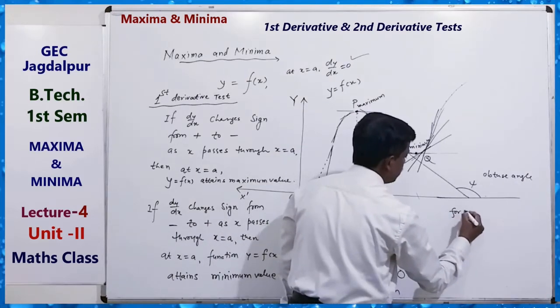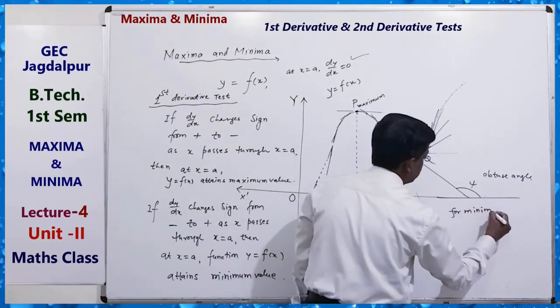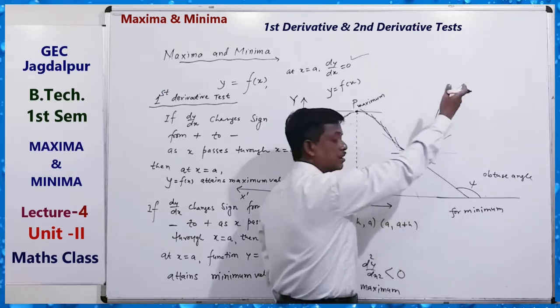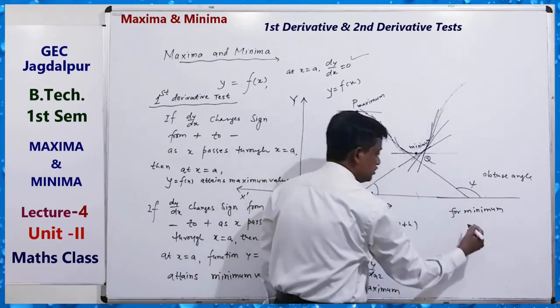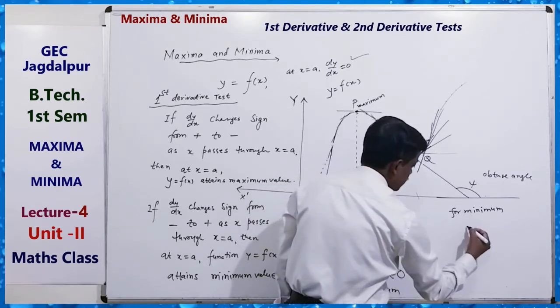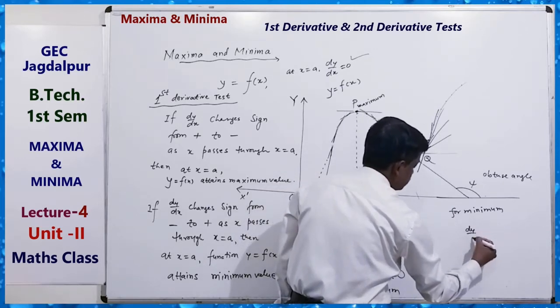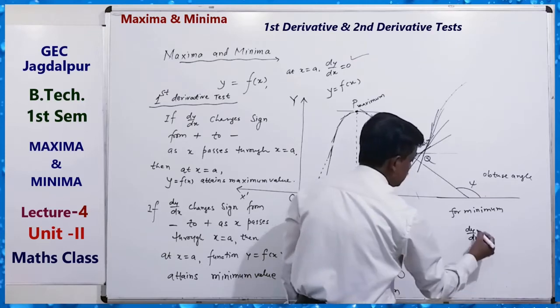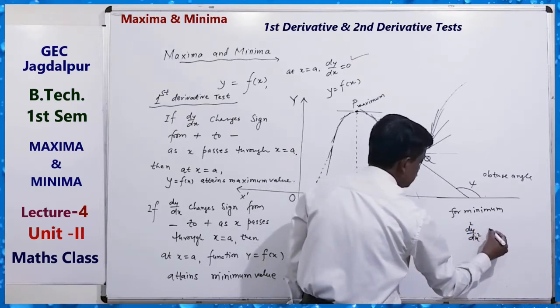Similarly, for a minimum, the derivative is increasing. So the derivative, as a function, d2y by dx square is greater than 0.